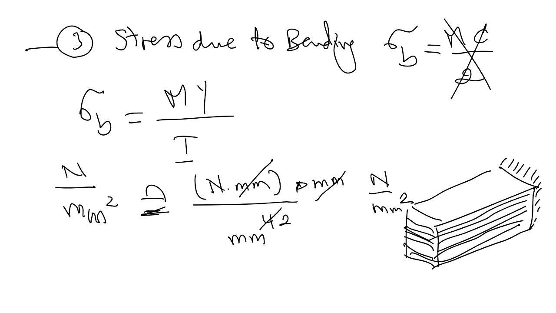Okay, and I'm gonna apply load at the end. Once you apply load at the end, what are you expecting? You are expecting that your stack of paper will bend downward like this, right?